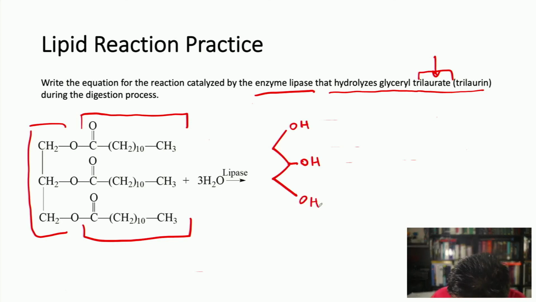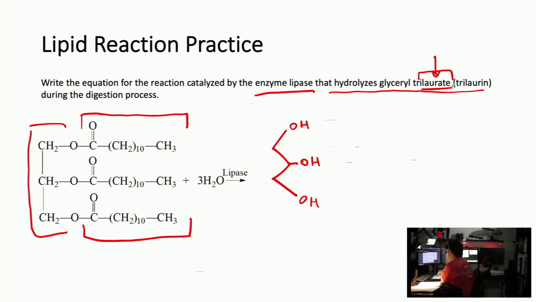And then lauryl, or lauric acid, has 12 carbons in it, right? So let's draw out our, why did I write a 10 there? That is so weird. There we go. Draw out our carboxylic acid there, right? 1, 2, 3, 4, 5, 6, 7, 8, 9, 10, 11, 12.